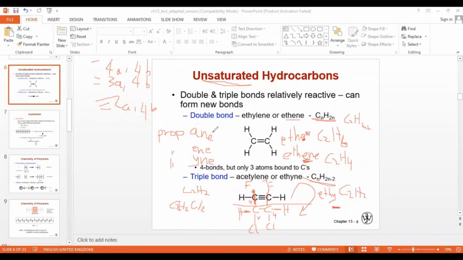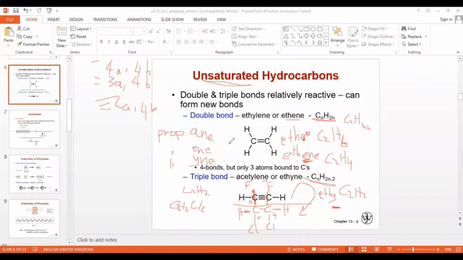So they align with these formulas. If it is AN, that is CnH2n plus 2. If it is EN, that is CnH2n. If it is YN, then that is CnH2n minus 2. All right. So this is all about naming as well as the saturation and unsaturation of these hydrocarbons, right?